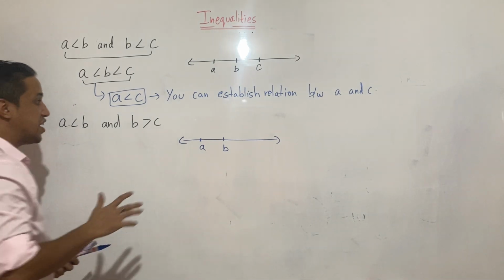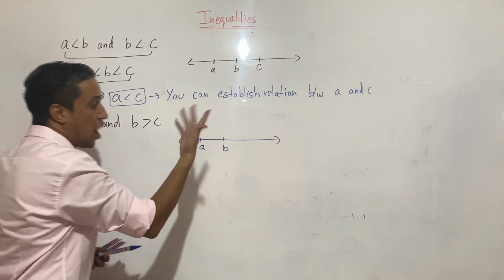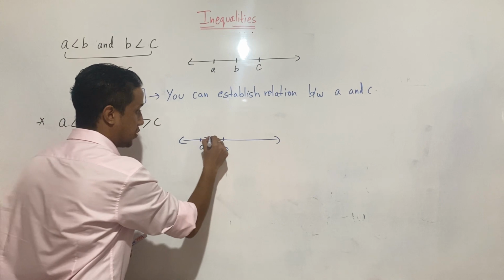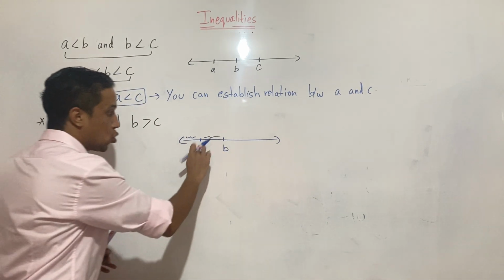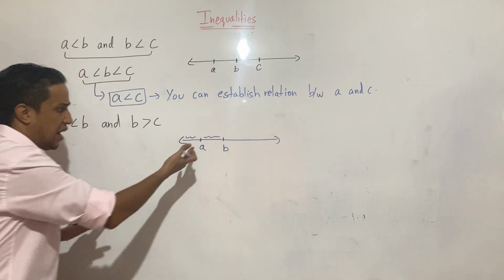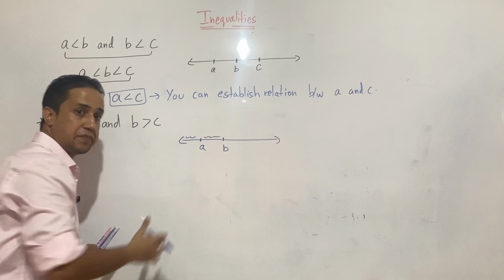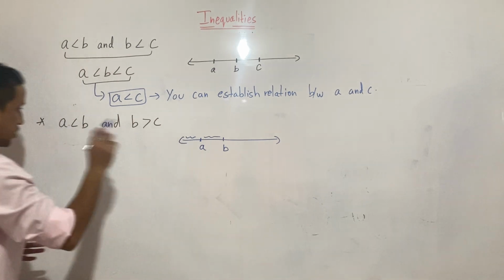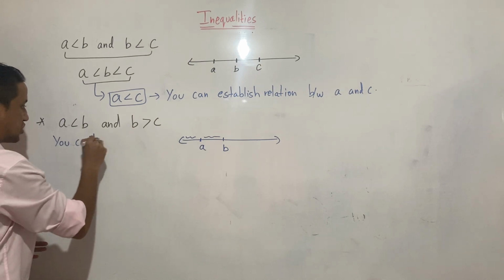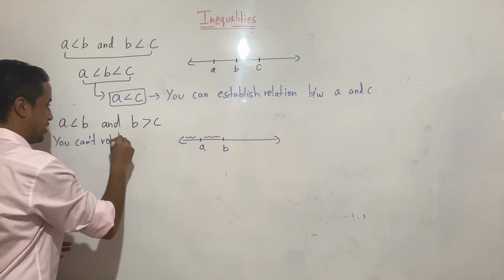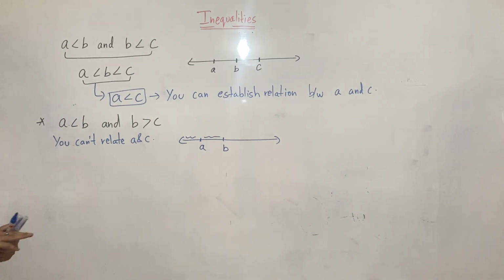C is less than B, so C can come either here or here, right? So it's not possible to deduce the relationship between A and C. You cannot relate A and C. I hope you understand my point, right?